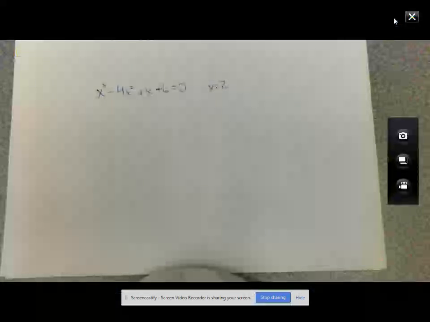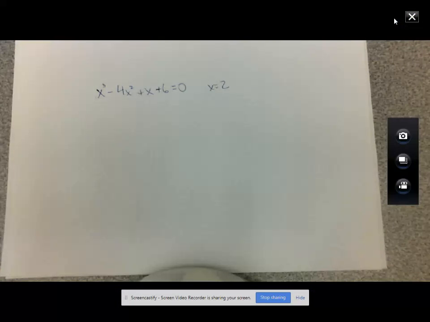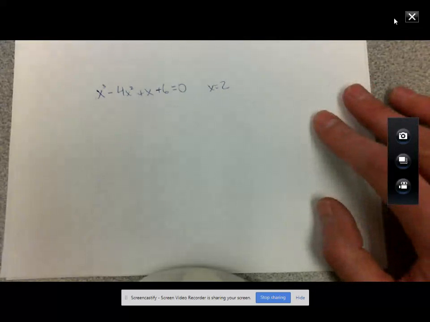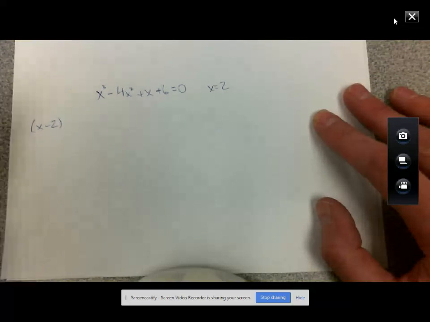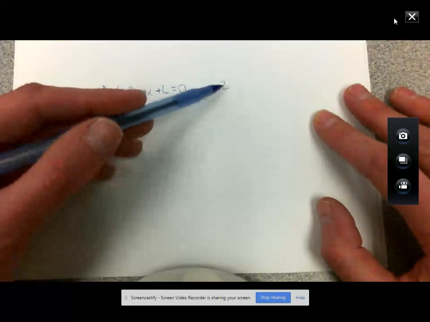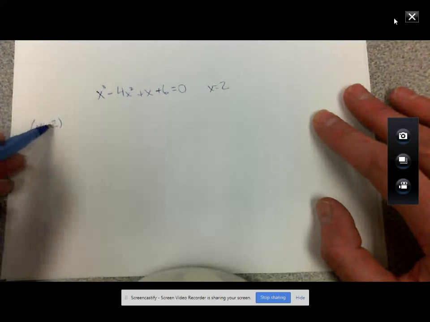So here we have our problem, we have our equation. We know that x equals 2 is one of the solutions. What that means is I should be able to factor out an x minus 2. Again, if the solution is x equals 2, 2 minus 2 is 0.